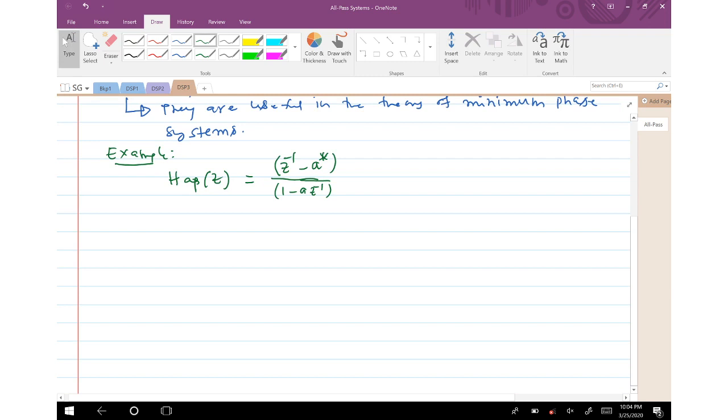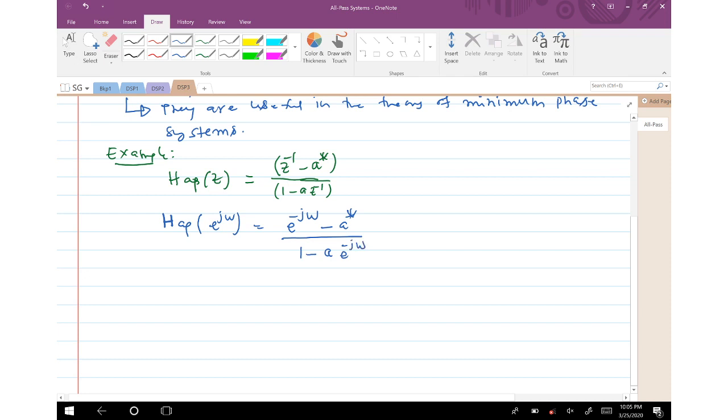So let's first take the frequency response of this function. Let's take the DTFT of it, e power j omega. So replace z with e power j omega, that would give you e power minus j omega minus a conjugate over 1 minus a into e power j omega to the minus 1, so that would be minus j omega.